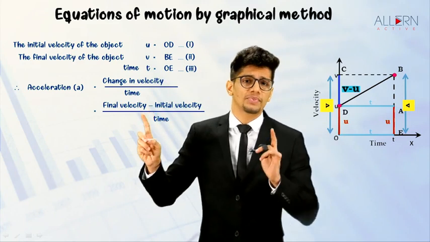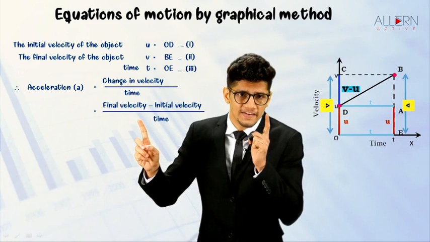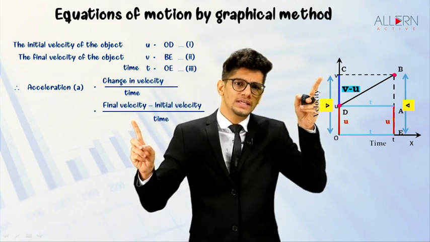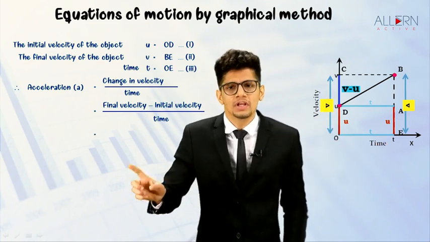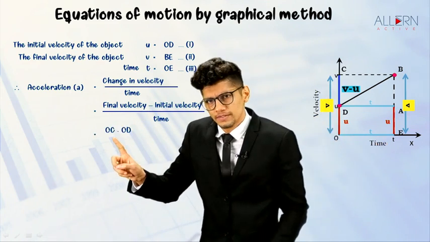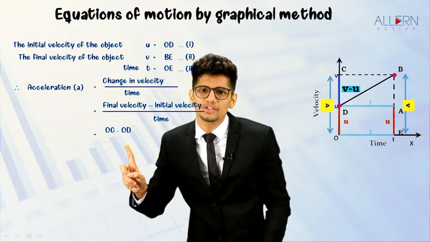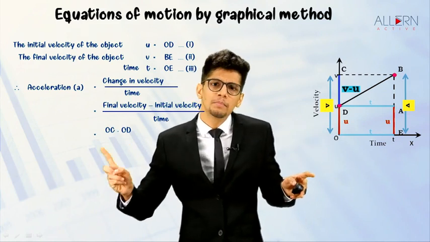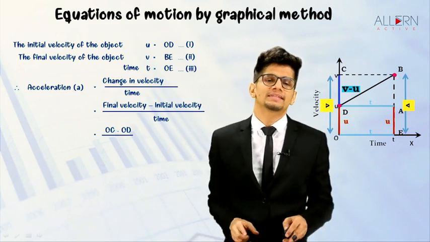Final velocity from the graph is v. So we have two values of v, we have OC and we have BE. So we'll write OC. Initial velocity is OD, that is u. So it is OC minus OD upon time, which remains t.